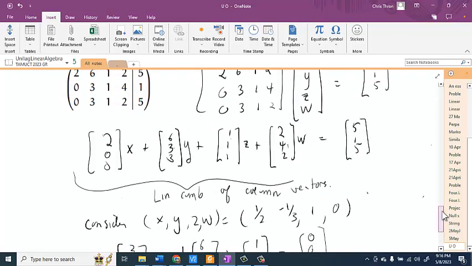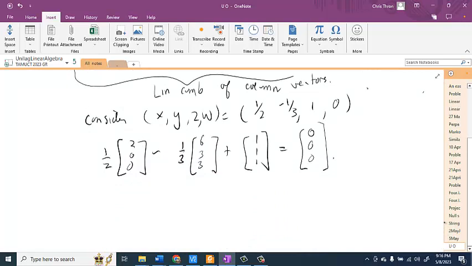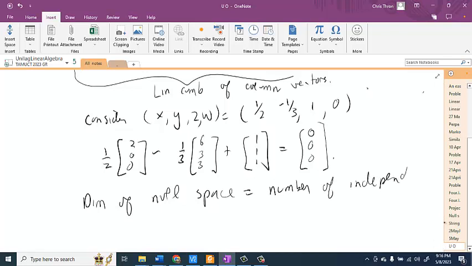So the dimension of the null space is the number of independent linear combinations of the column vectors that give 0.